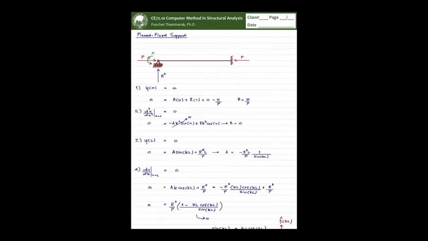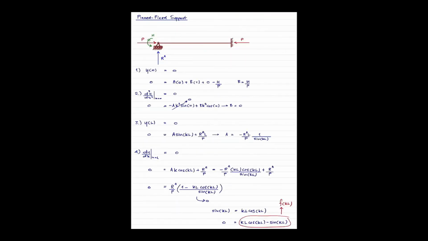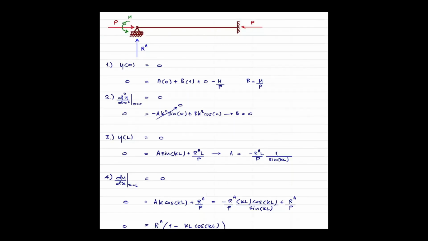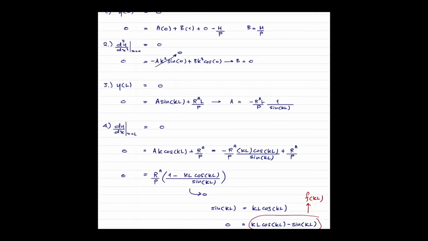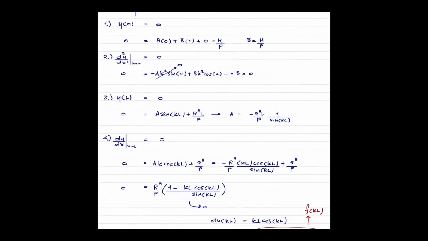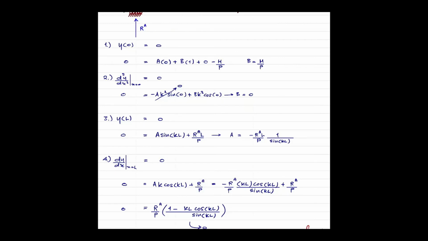So let's check what might be used to get the A value. We found that B equals 0. A we didn't get, right? If we want the RA, let me check.